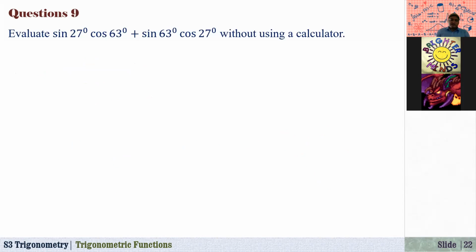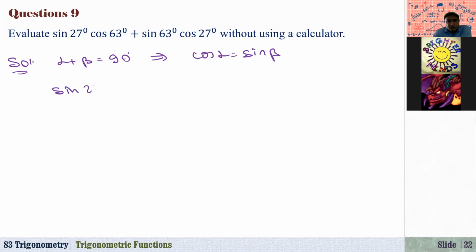Evaluate sine of 27 cosine of 63 plus sine of 63 cosine of 27 without using a calculator. Once again, we know that if alpha and beta are complementary angles, that means alpha plus beta is equal to 90 degrees, we have already proved that cosine of alpha is equal to sine of beta. So from here, sine of 27, what is cosine of 63?